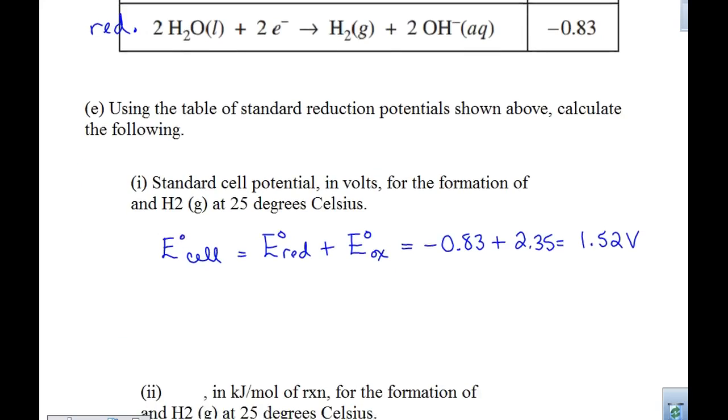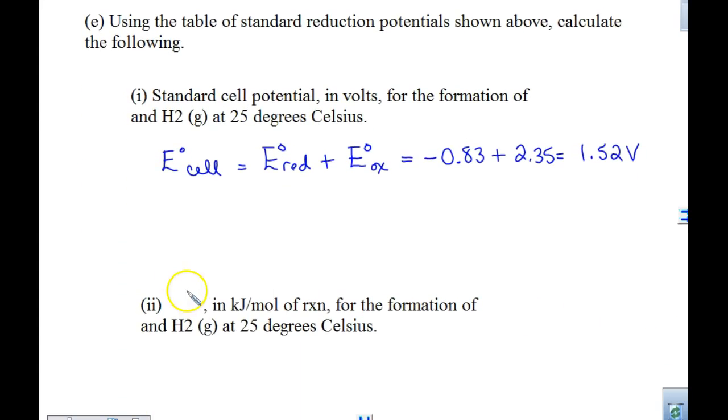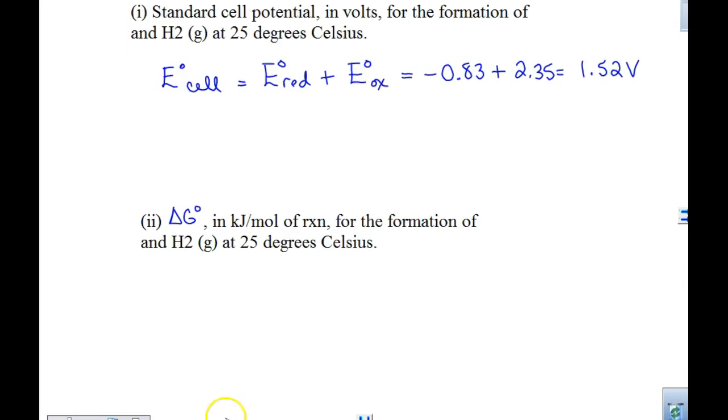Now the second part of this question, I forgot to write in that this is what you're looking for. So they want you to find the free energy in kilojoules per mole of reaction for the formation, blah, blah, blah. Basically, they're saying use the same equation. So this is where you're going to plug and chug into an equation.